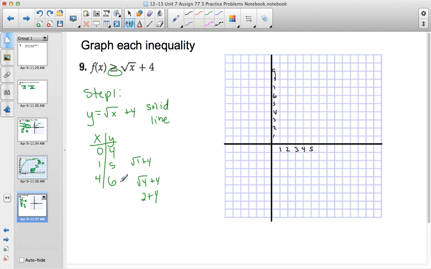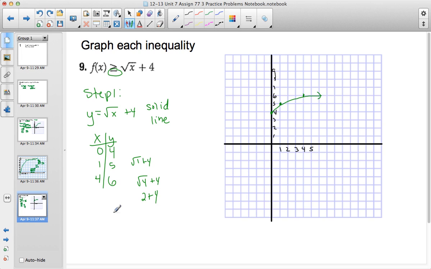Okay, so I now have a few points so that I can do step 1, which is graphing. I'm going to start at 0, 4, and then I go to 1, 5, and 4, 6. And I draw my line. And again, I think I made it flat a little too early. It probably should go up a little bit more there.